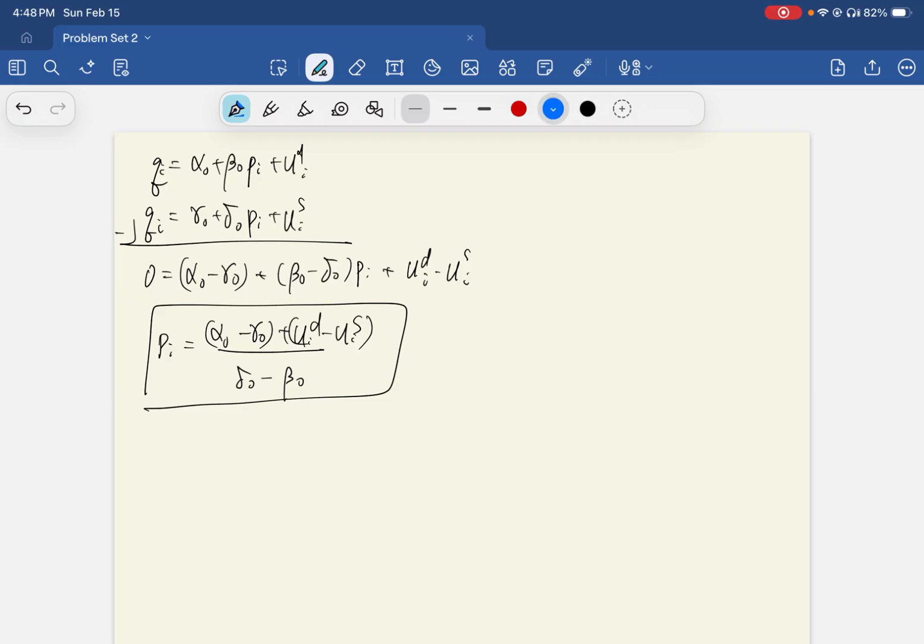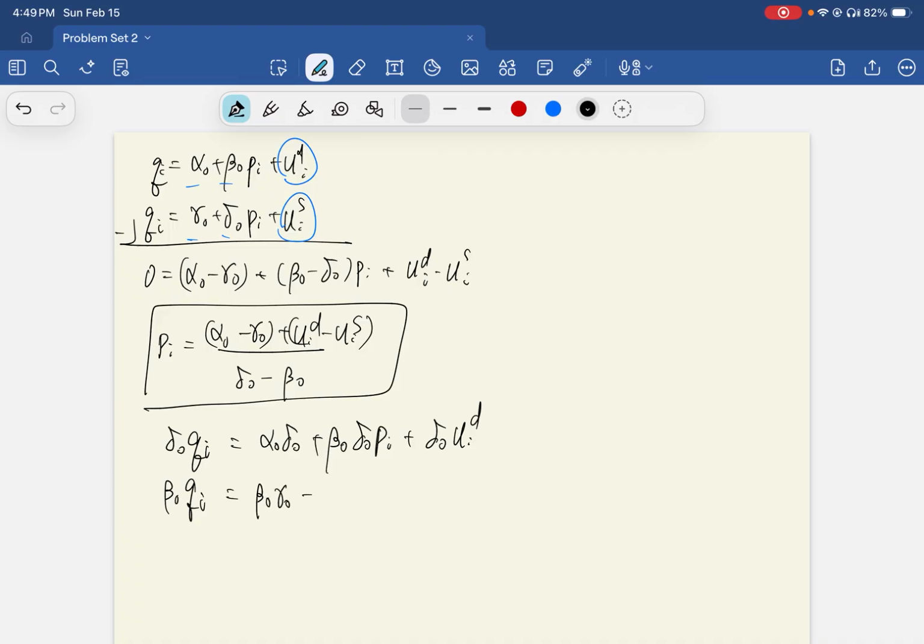Equilibrium price is determined by shocks and parameters, right? That's pretty natural. And you may also calculate quantity using a similar method, like I will do. So for delta_0, I multiply delta to the first equation, delta U_iD, and I'll multiply beta for the second equation, beta gamma plus beta delta P plus beta U_iS.